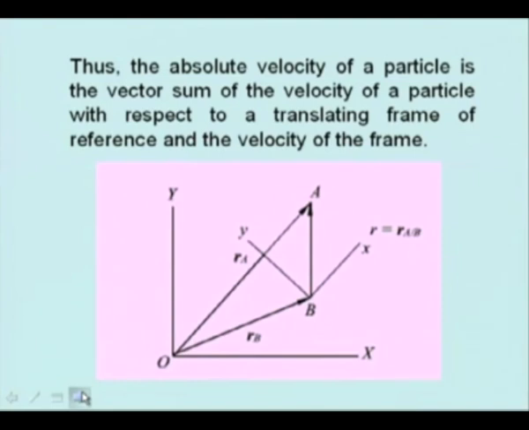Because the frame is attached at B, V B can be called the velocity of the frame, and V A slash B can be called the velocity of particle A with respect to this translating frame which is attached at particle B. We need not mention again that there is a particle B. Instead, we mention that there is a particle A whose velocity is measured with respect to a reference frame which is moving.